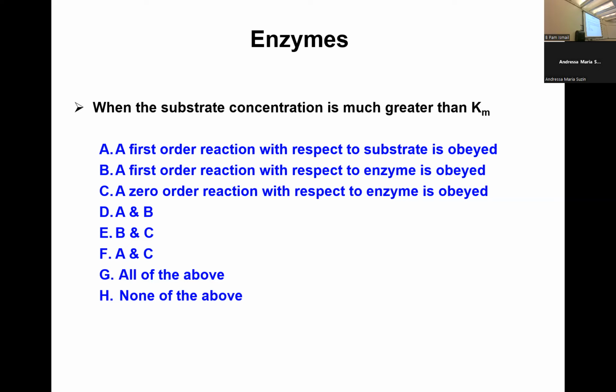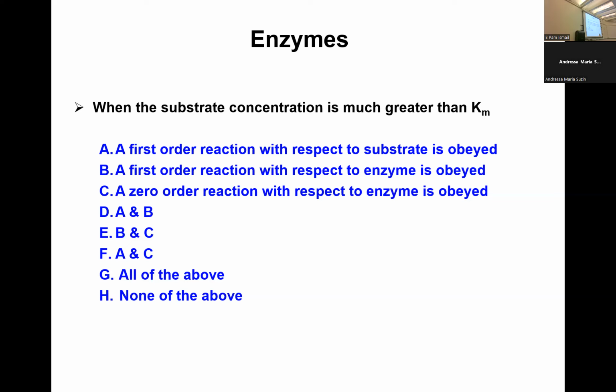I'm guessing, is it the activation energy? It's not an energy, it's not a rate. Isn't it the rate constant? It's a constant, but not a rate constant. Like the minimum amount of substrate needed for reactions to happen?